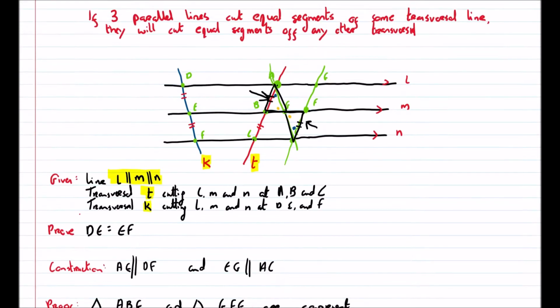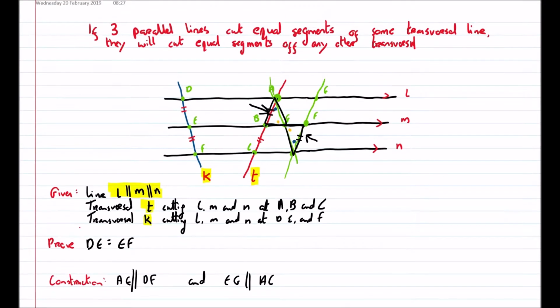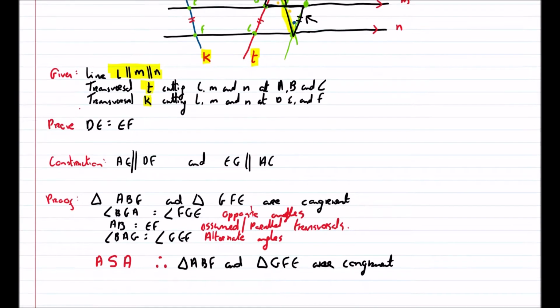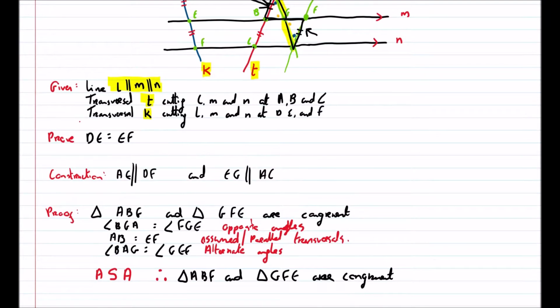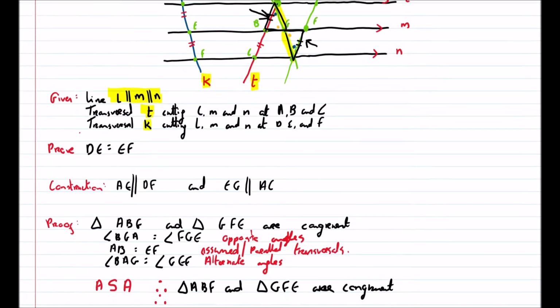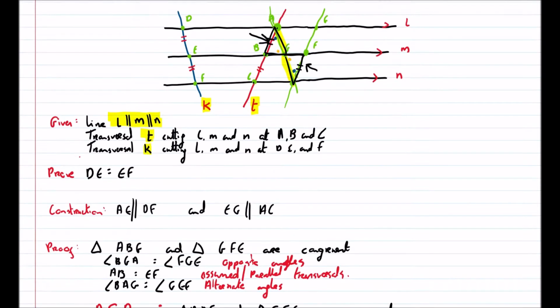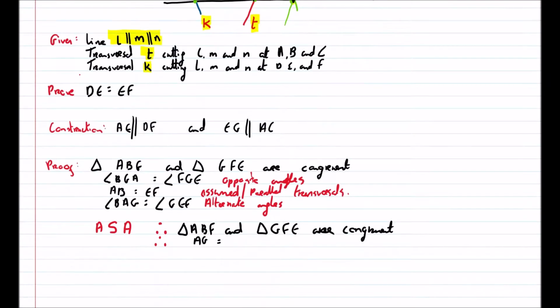But more importantly for us, this line here, AG, must be the same as this line here, GE. Right? So I can say, therefore, AG equals GE.